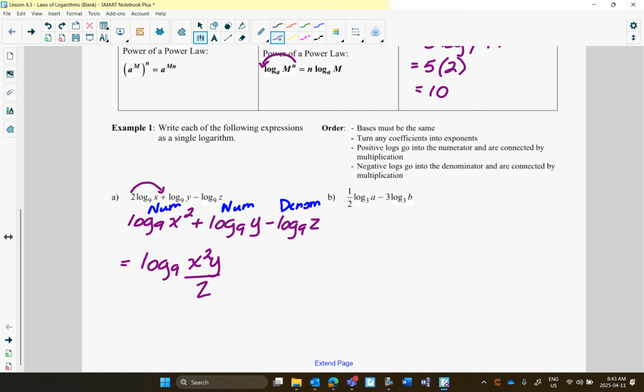For B, deal with the numbers in front first. So the first thing I've got to do is take those and put them in exponent form. So it becomes log base 3 of a to the 1/2 minus log base 3 of b to the 3rd.